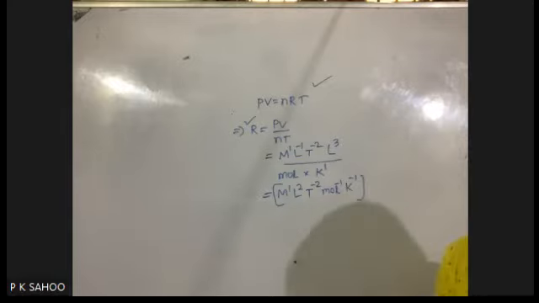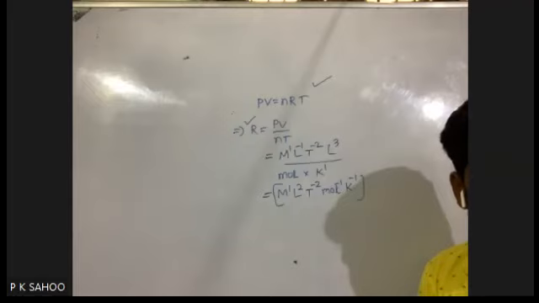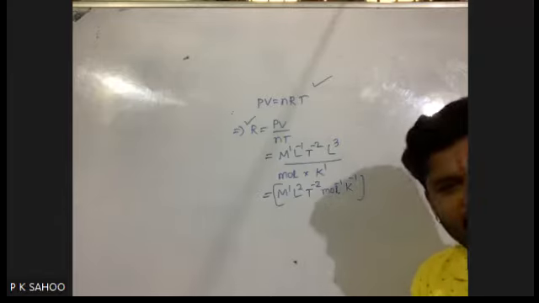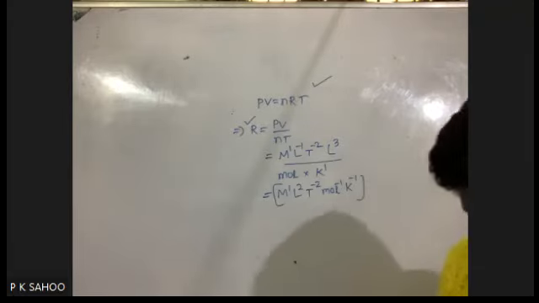How many fundamental quantities are inside the bracket? 5: mass, length, time, amount of substance, temperature. Five quantities are inside the bracket. So this is the dimensional formula.